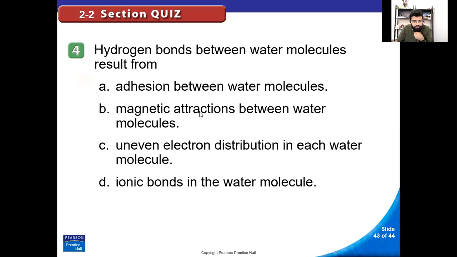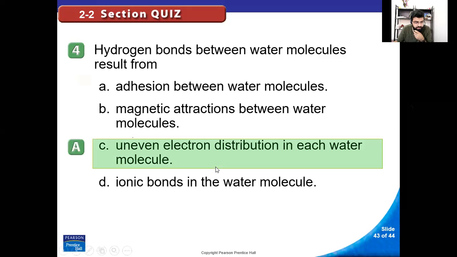Balaji correct. Ali Rusan correct. Salih correct. And the others, I think no. The answer is C, uneven. We said water molecules are polar, they carry charge due to uneven electron distribution in each water molecule. So they are charged. That's why the molecules are attracted to each other.